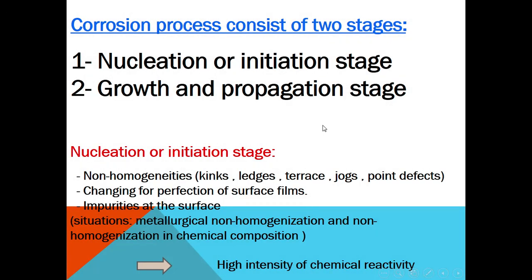The corrosion process consists of two stages: the nucleation or initiation stage, with non-homogeneities such as kinks, ledges, terraces, jogs, point defects, changes in the perfection of surface films, and impurities at the surface.